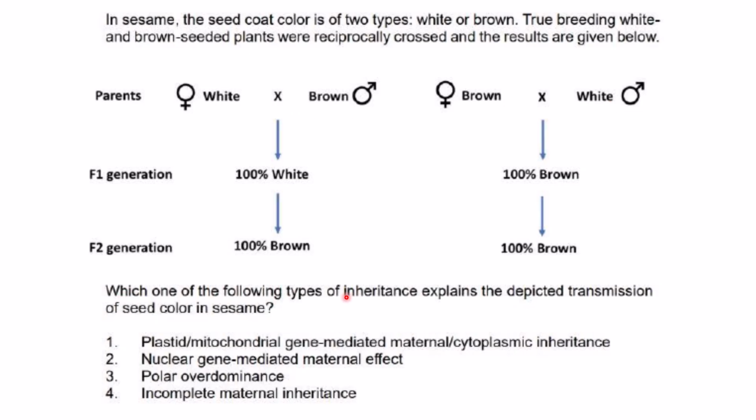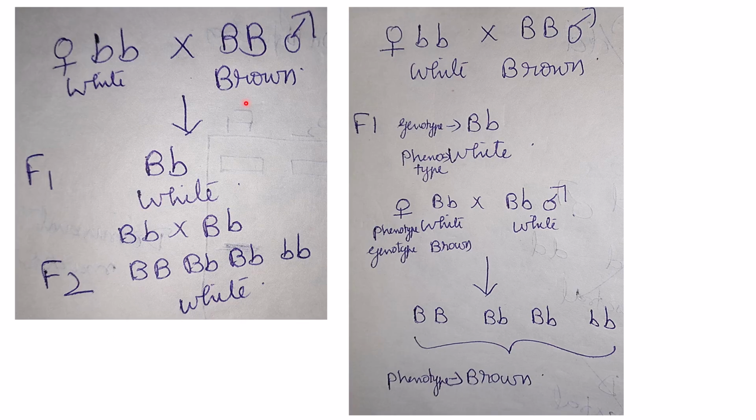So which one of the following types of inheritance explains the depicted transmission of seed color in sesame? Whether it is plastid, mitochondrial, cytoplasmic or nuclear mediated maternal effect. I will tell you what it is, both plastid and maternal effect. Now we will take the example given in the question itself. Maternal inheritance means the traits are exclusively passed from the mother to the offspring.